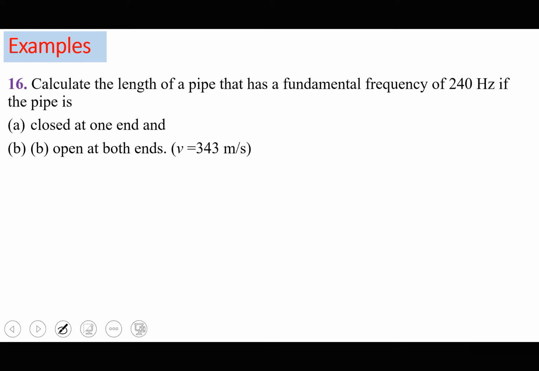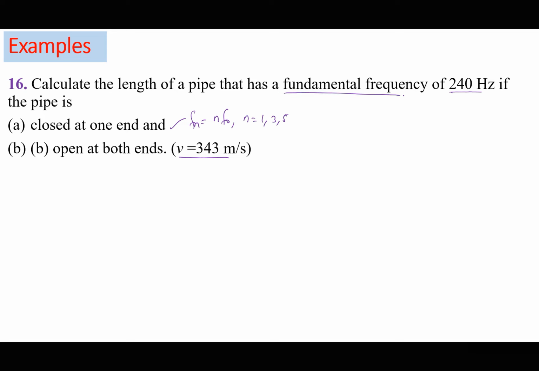Calculate the length of a pipe that has a fundamental frequency of 240 Hz if the pipe is closed at one end. I've done an example like this one. For a closed pipe, Fn equals N times F naught, where N is equal to 1, 3, 5.